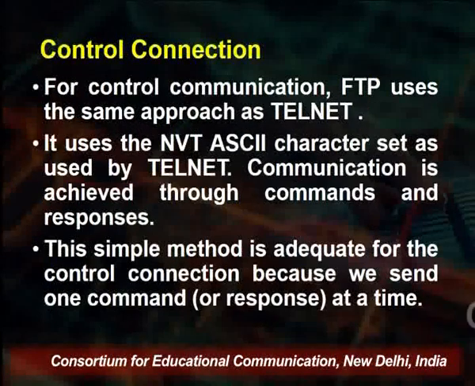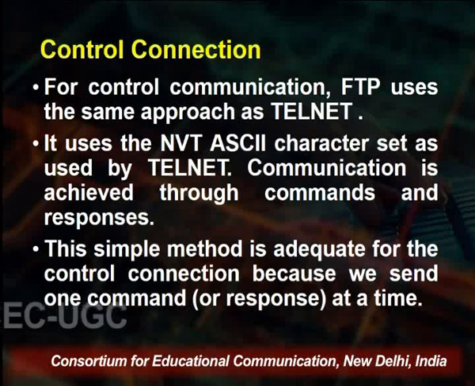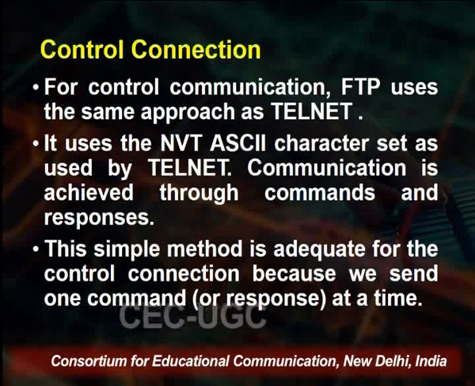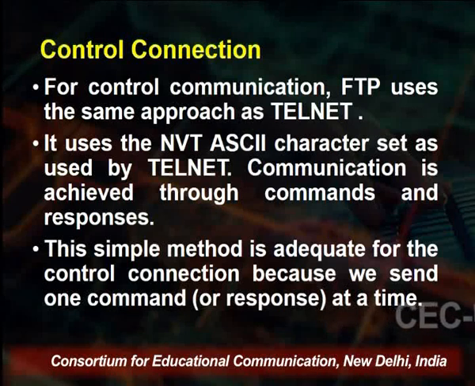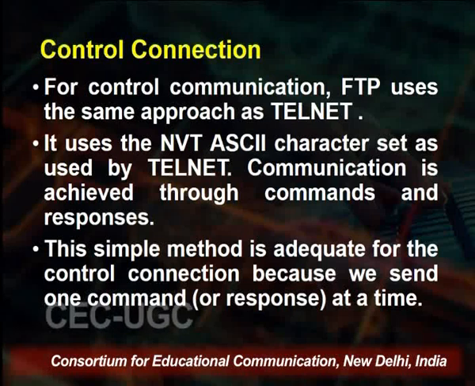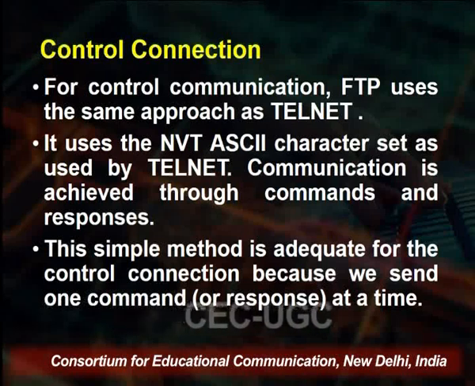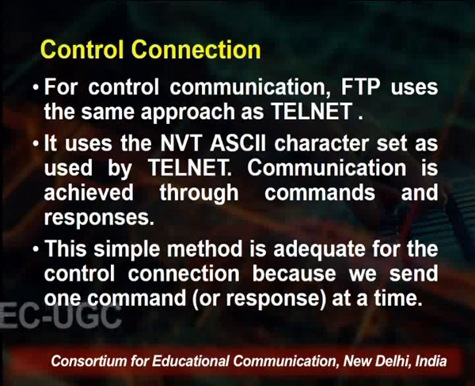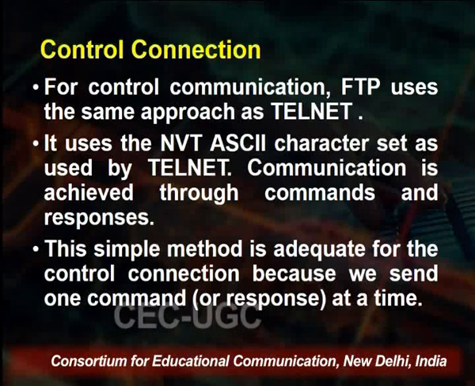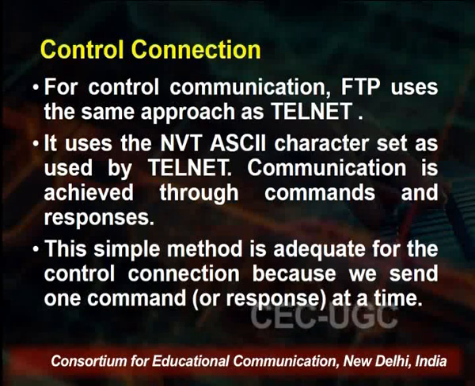Now the control connection uses a similar approach to what we will see when we study Telnet. It uses the NVT ASCII character set as used by Telnet, and communication is achieved through commands and responses. This simple method is adequate for the control connection because we send one command or response at a time.